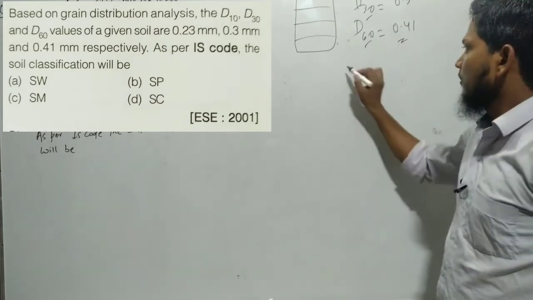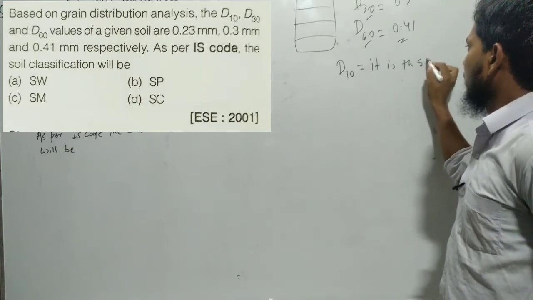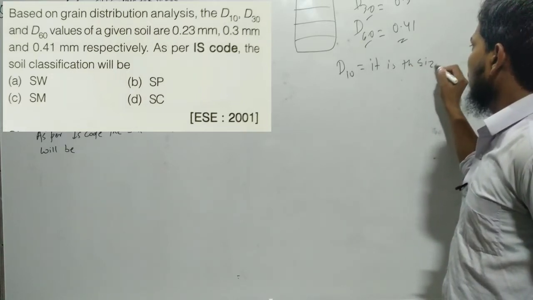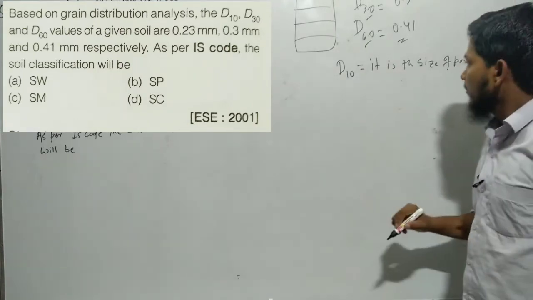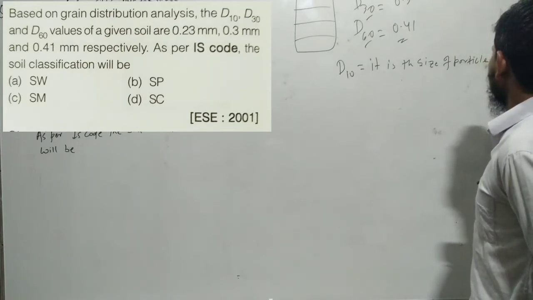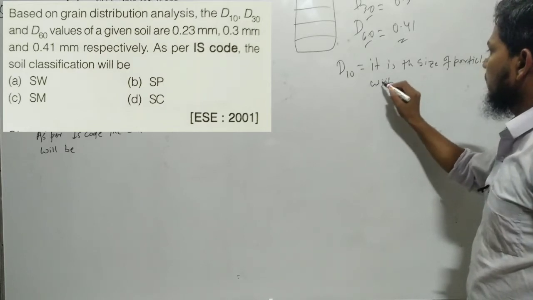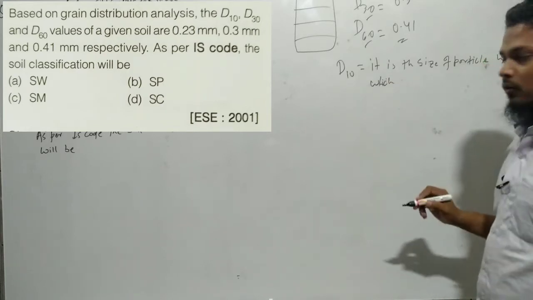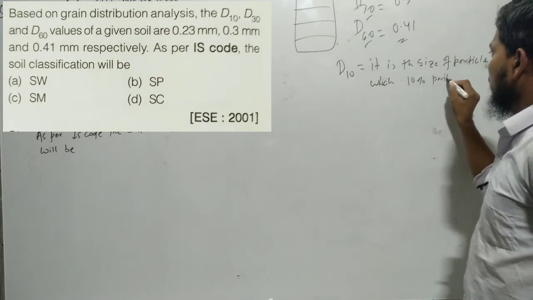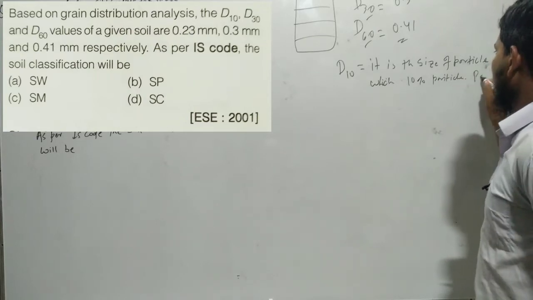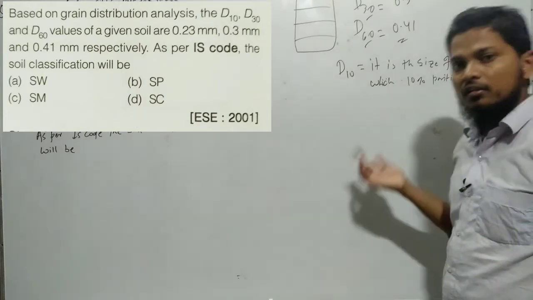D10 we define as the size of the particle with respect to which 10% of the particles pass. Only 10% of particles pass, which means that 90% of particles are retained.